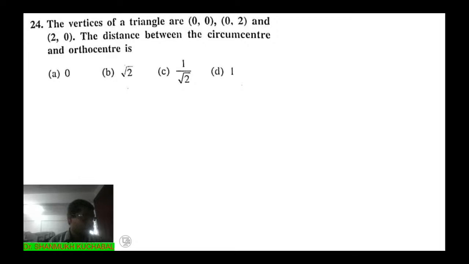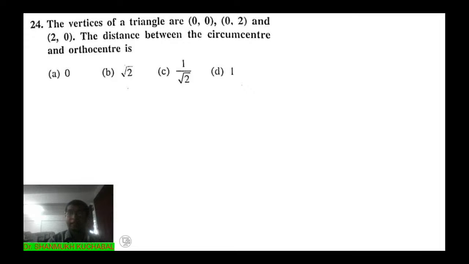Example number 24. The vertices of a triangle are (0, 0), (0, 2) and (2, 0). The distance between the circumcentre and orthocenter is, okay.